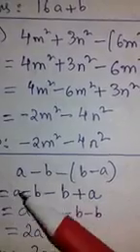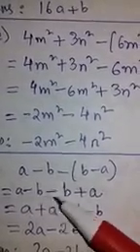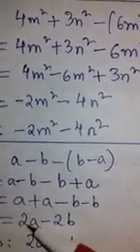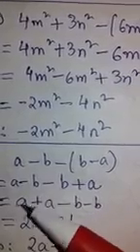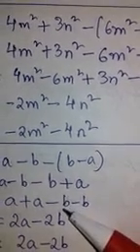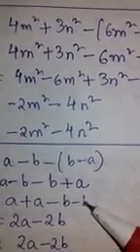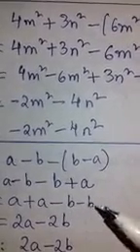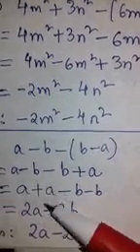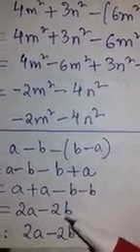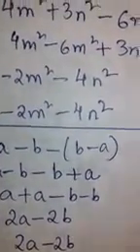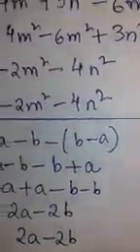So now all the a terms I am writing together, a plus a, and the b terms I have written together, minus b minus b. A plus a means 2a. A means actually 1a. 1a plus 1a means 2a, and here b means actually 1b, minus 1b minus 1b. So you know that minus 1 and minus 1 gives minus 2. So you are getting a plus a, that is 2a, and minus b minus b, that is minus 2b. Ultimately you are getting the answer as 2a minus 2b.